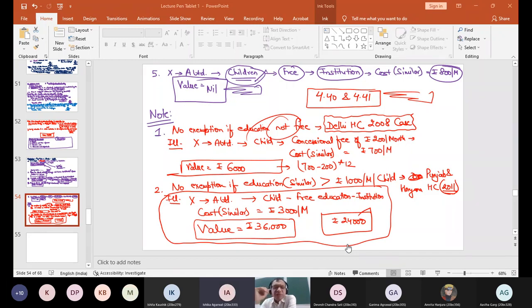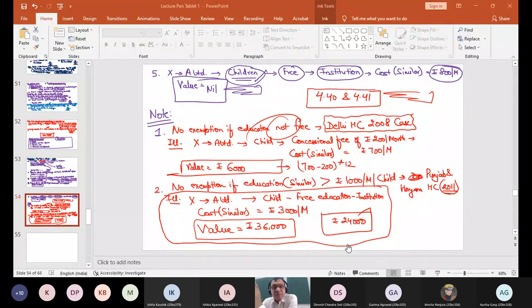Okay. So it will not be 24,000, but in some books you will find that they have given the exemption of 1,000 per month per child. If cost of education exceeds 1,000 per month, they give the exemption till 1,000 per month. They have their own logic, but on the basis of High Court rulings, I am of the opinion that when cost of education exceeds 1,000 per month, no exemption.